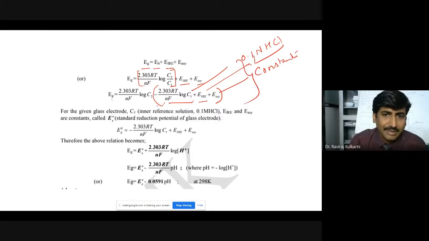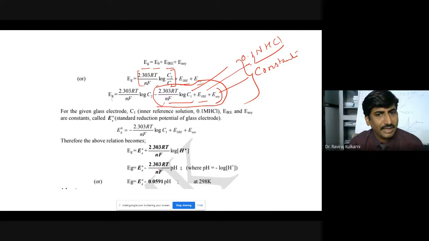Okay, in mathematics, you know that all the three constants can be replaced with one more constant, right? That is, I'll define it as Eg naught. Eg naught is another constant. Its value is minus 2.303 RT by nF log of C1 plus EIRE plus E asymmetry, right?